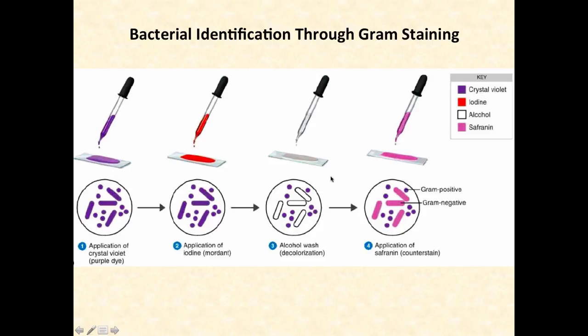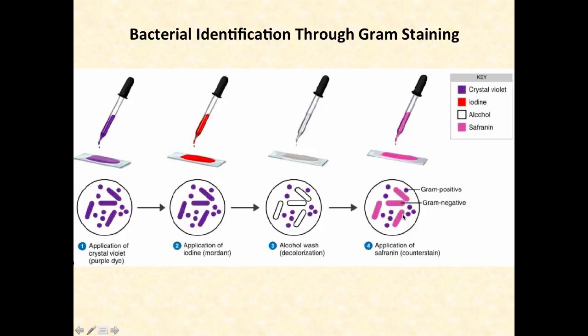Right? So then the last stage is that we apply what we call a counterstain, which allows us to see the ones that were susceptible to the alcohol, okay? And it turns them pink. So now, after that final step with the application of the counterstain, what we clearly see are two colors that these bacteria take on.